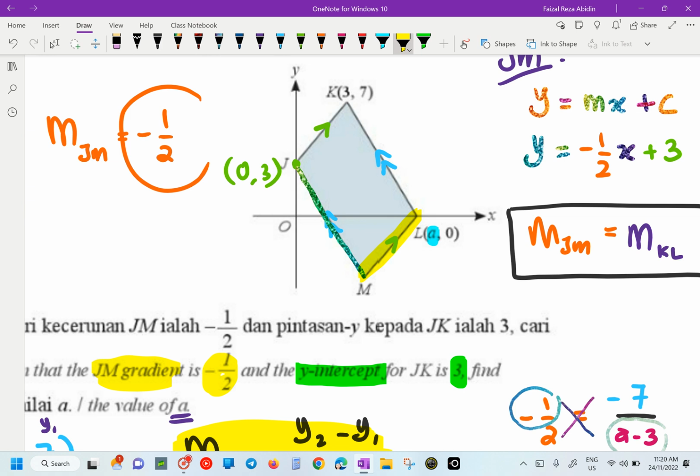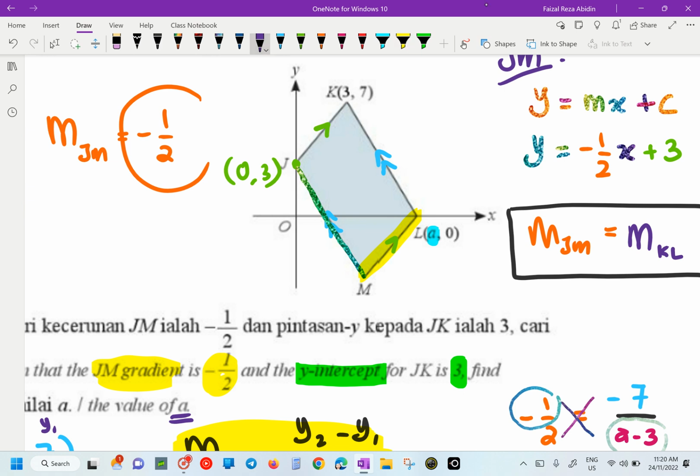You have to find what first? The point of M. Can I find my LM there? I don't have what? The coordinate of M. We have our A just now, right? A is what? 17, right? Yes.